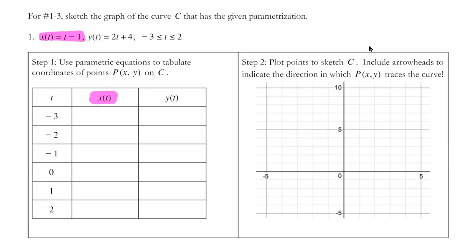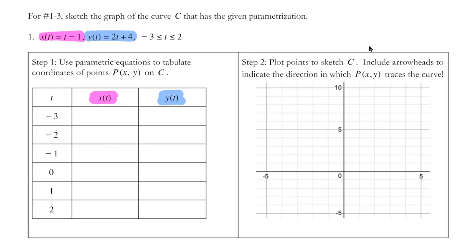And then we have a second equation, y of t equals 2t plus 4. And then we have a space for us to fill in the y of t, okay? In order to plot points, I'm going to need an x value and a y value. That's why they give us 2 equations, one for the x and one for the y, okay?